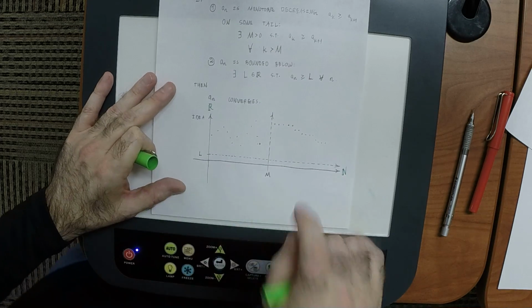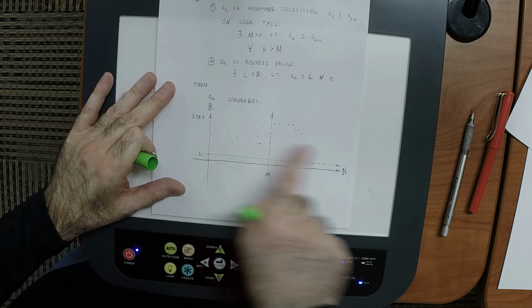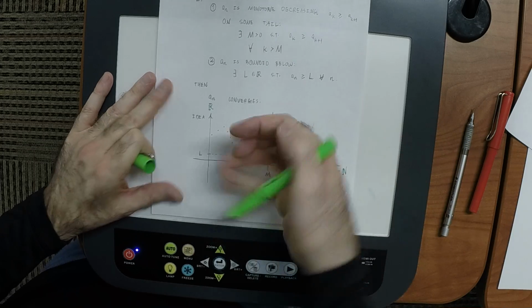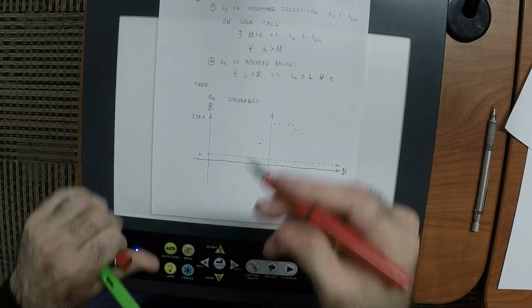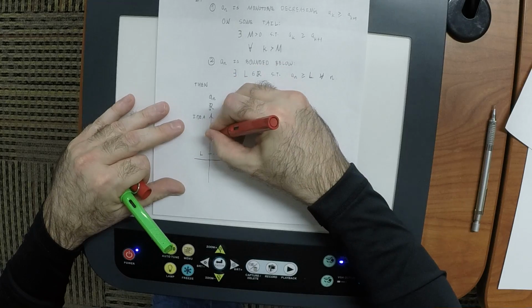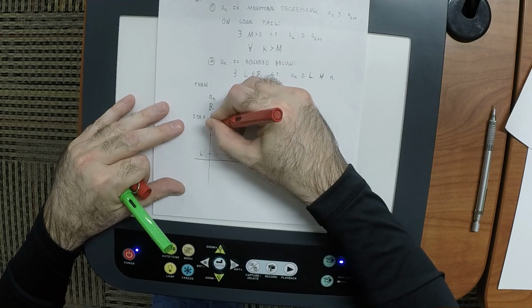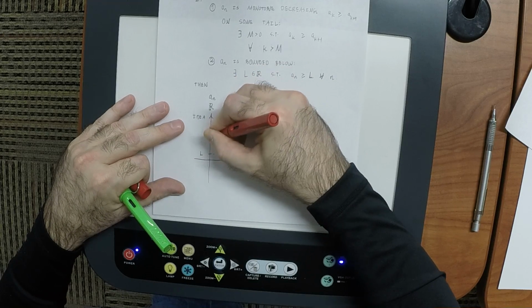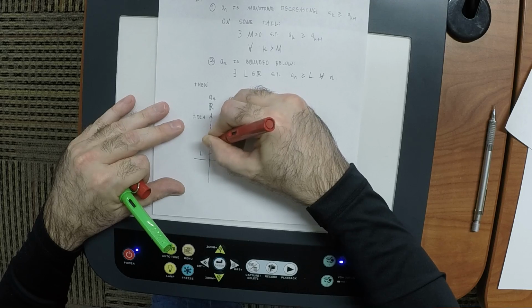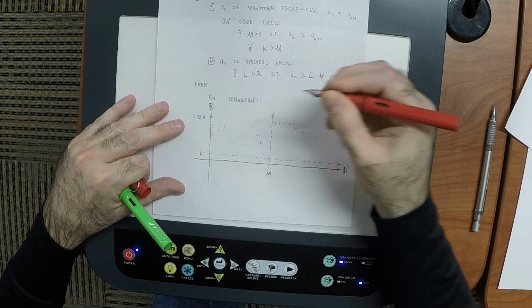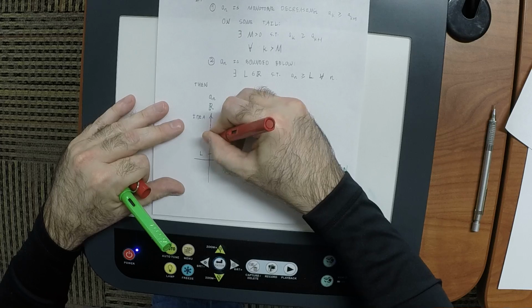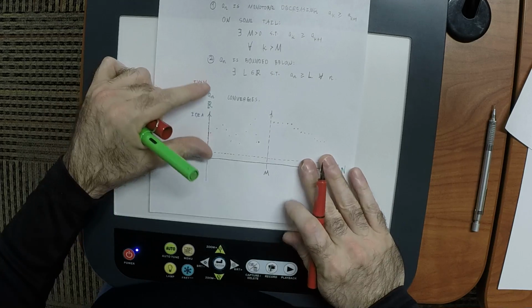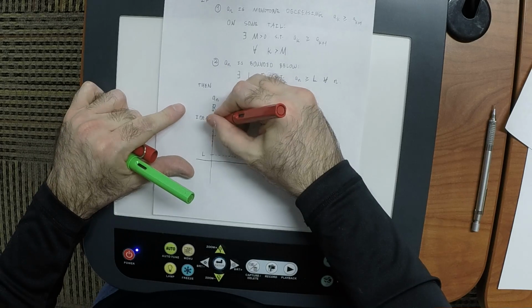And so now we could take all of these red dots and we could plot them on the output axis. So plotting all those points on the output axis, you'd see something like this.